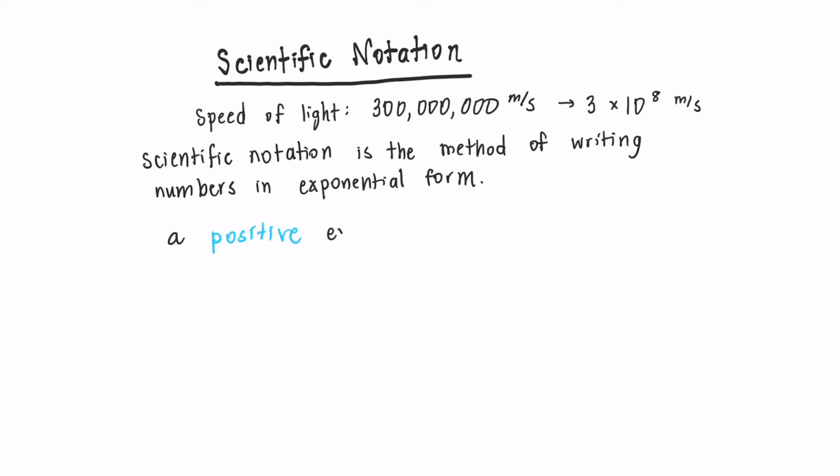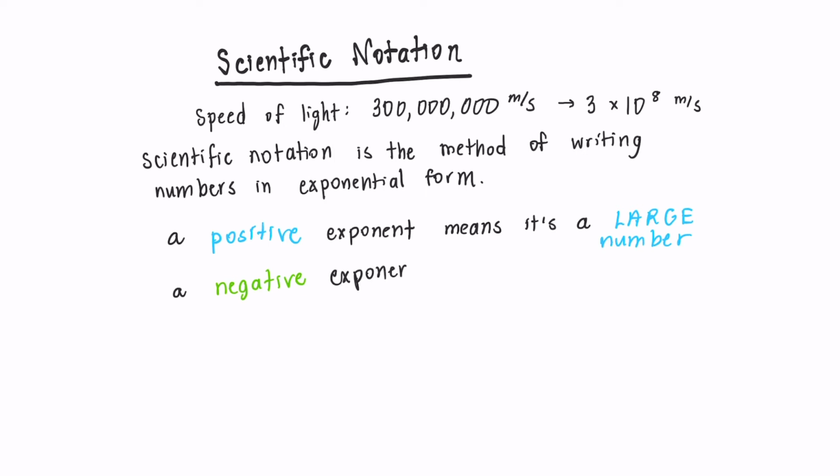Now, a positive exponent means that we're working with a large number, a number greater than 1, whereas a negative exponent means that we're working with a small number or a number less than 1.